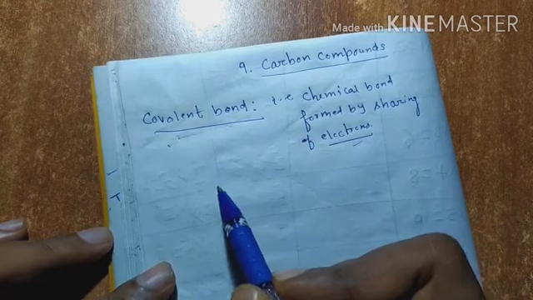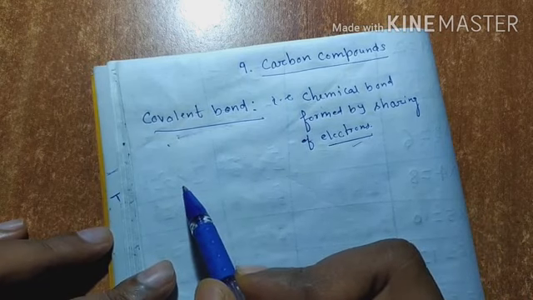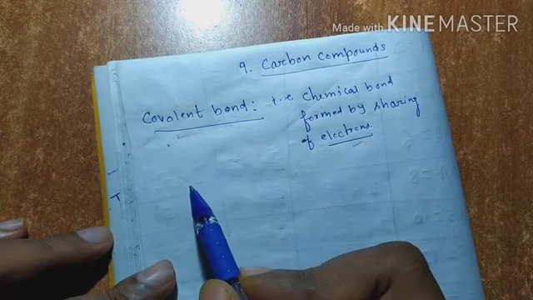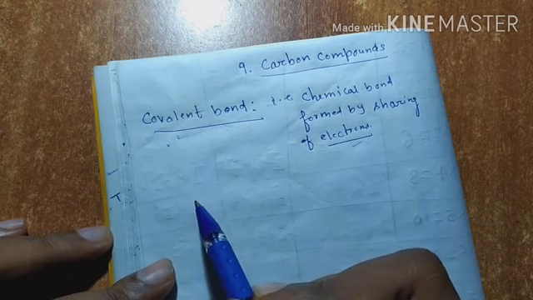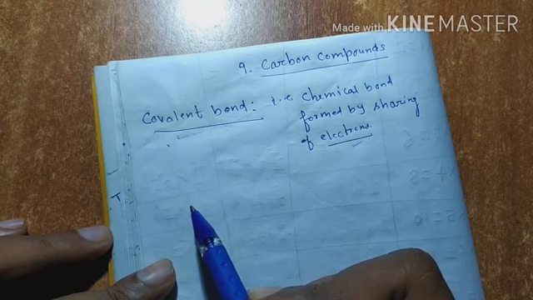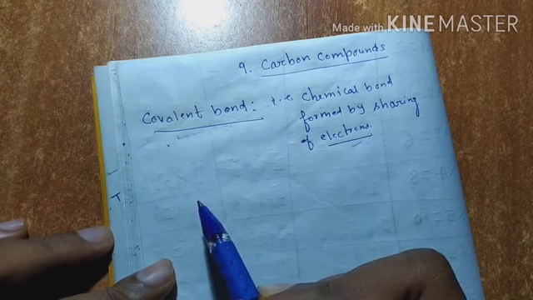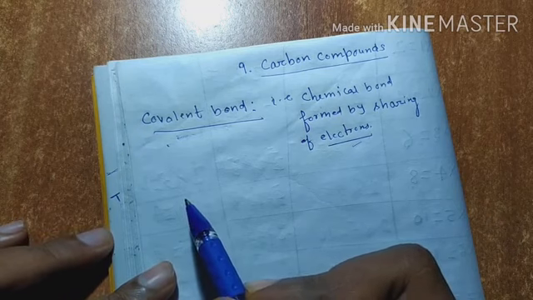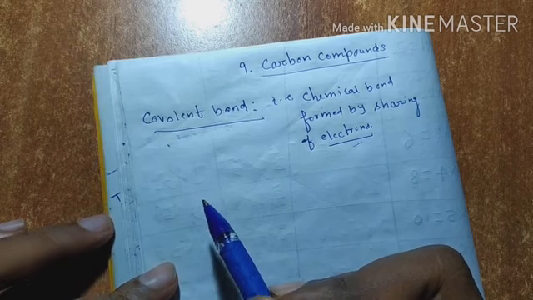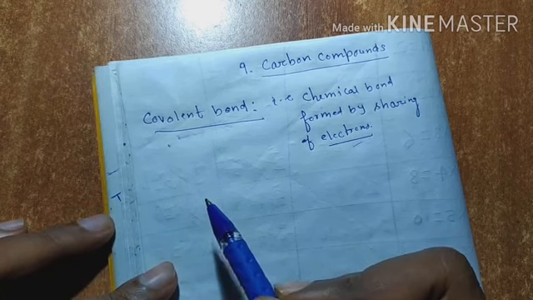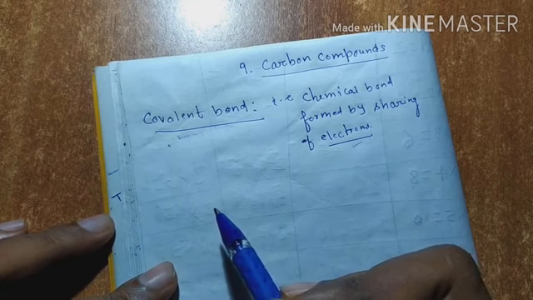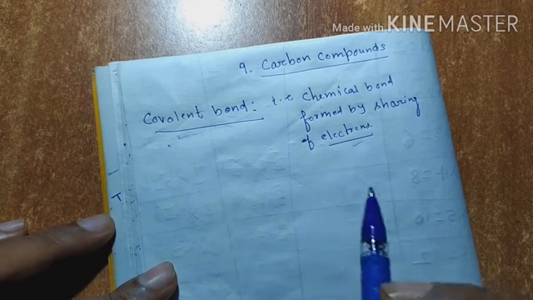Okay, so first of all we will discuss electron dot structure and line structure. Before electron dot structure and line structure, you must know some basics of different atoms.